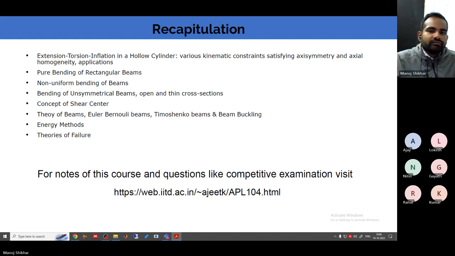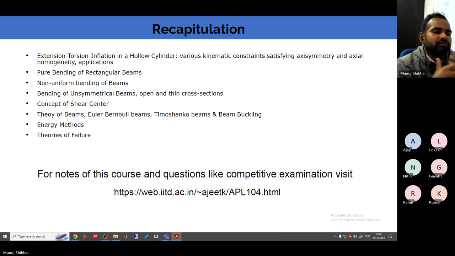After that, we moved on to the bending of beams. First we considered pure bending of beams, then non-uniform bending of beams. In pure bending, only the bending moment was applied. In non-uniform bending, along with the bending moment, we also had transverse loading.